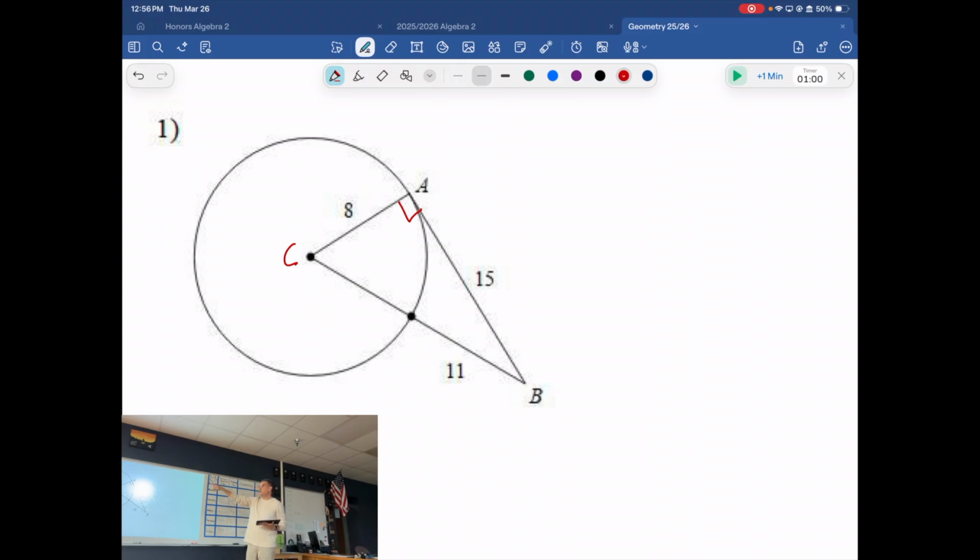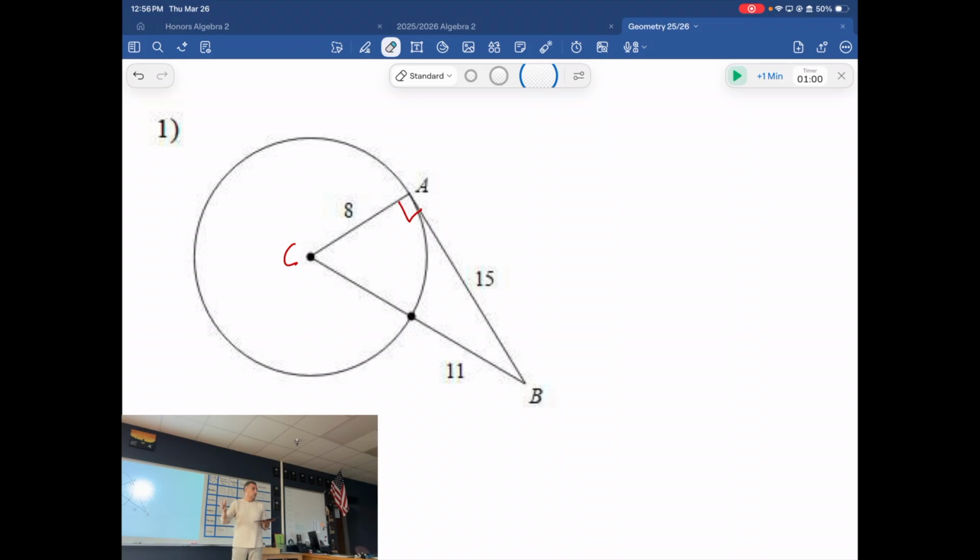And I erased it this morning, but we had our rules that said if a squared plus b squared equals c squared, then it's a right triangle. If it's a right triangle, then that's going to be tangent. If a squared plus b squared was greater than c squared, it was obtuse. If a squared plus b squared is less than c squared, then it was acute.